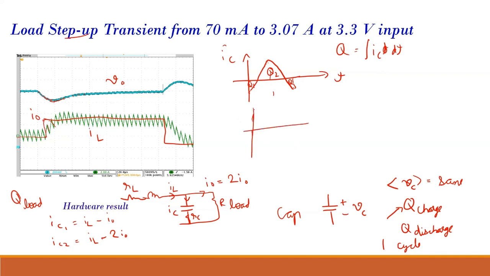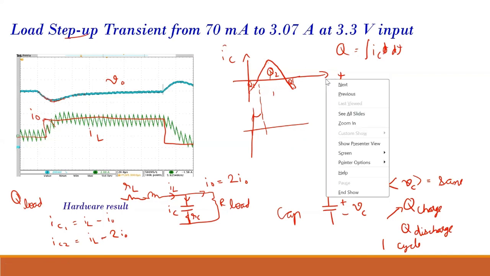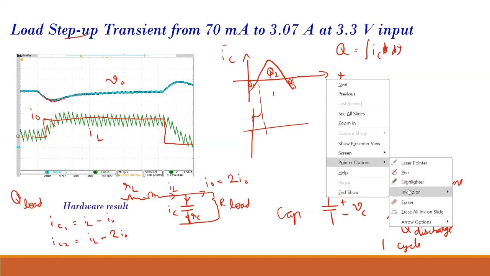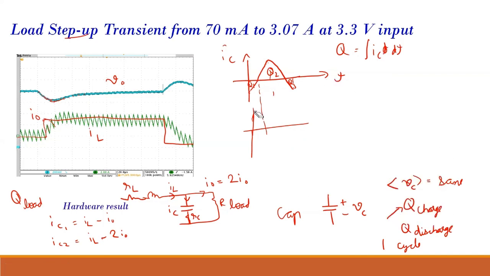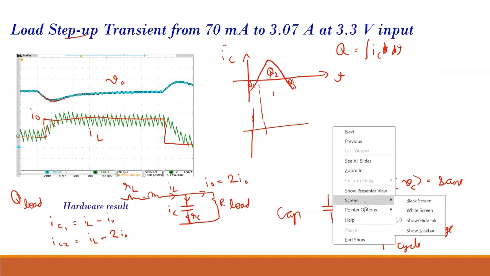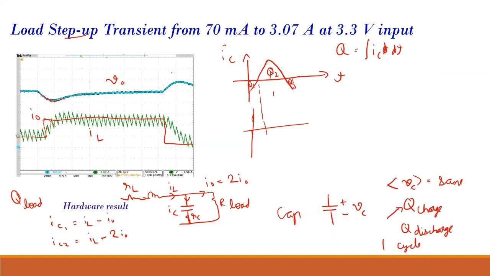So your voltage is assumed over here, and it reduces till here. Sorry, this curve is not correct. Your voltage is reducing, and as long as your capacitor current is negative, your voltage will reduce.